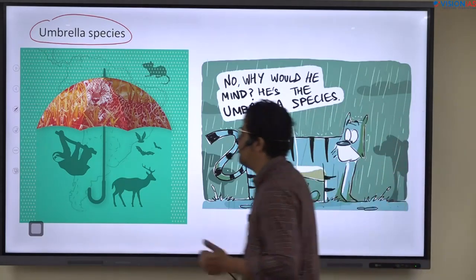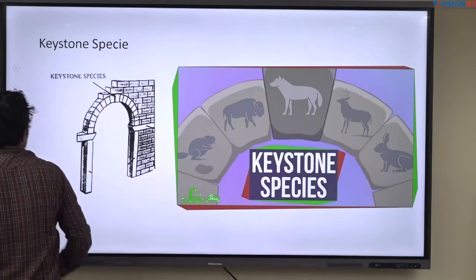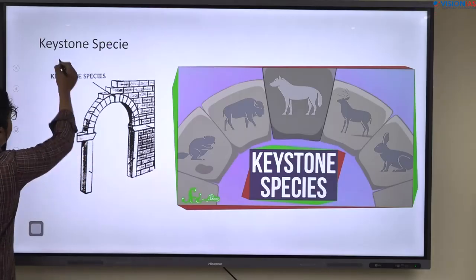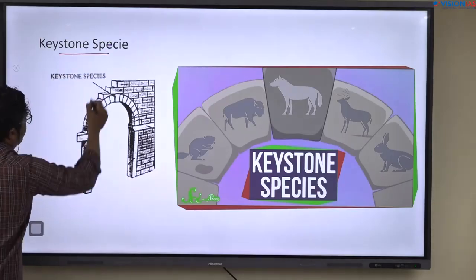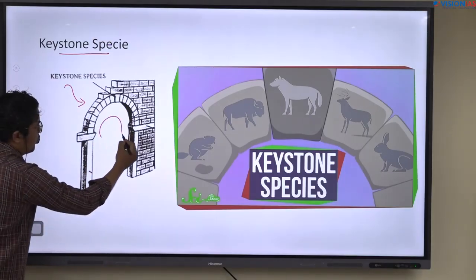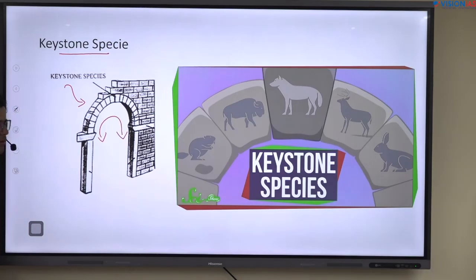Next definition is keystone species. Keystone is a term taken from architecture. During the Slave dynasty in India, the arc was introduced, the construction of arcs in buildings. You might have read this in art and culture.